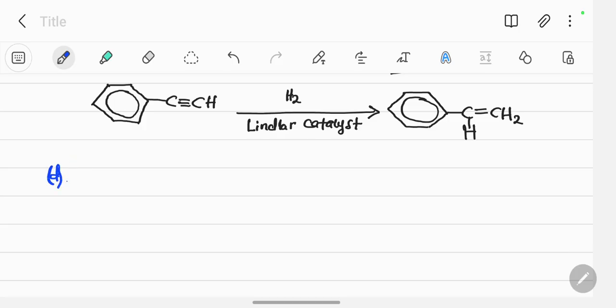Then our synthesis D, remember we are trying to synthesize alkenes. So I'm having dehalogenation of vicinal dihalides.